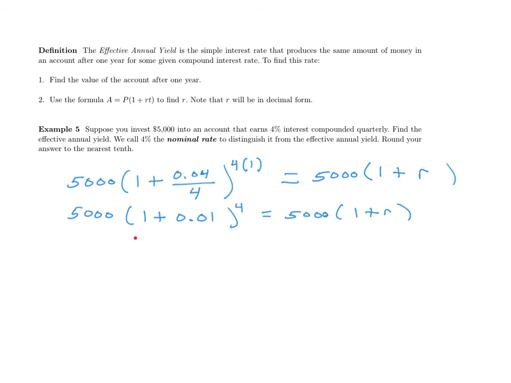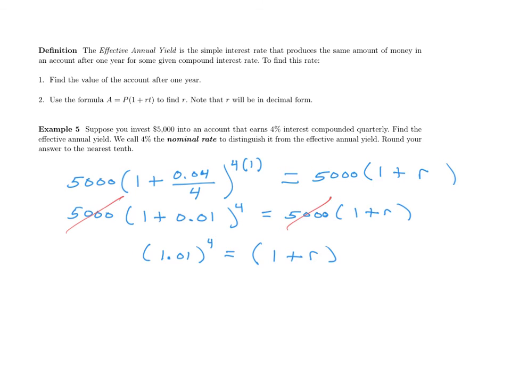I'm noticing there's a 5,000 on both sides of my equation. I can divide both sides by 5,000, or cancel it from both the left and the right side. Also, we have 1 plus 0.01. This is the same thing as 1.01. So this is 1.01 to the power of 4, and that's equal to 1 plus r.